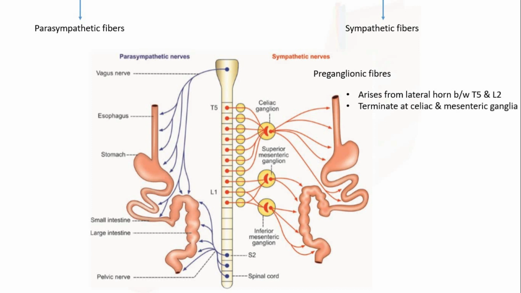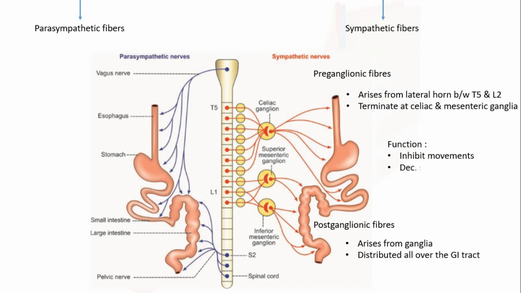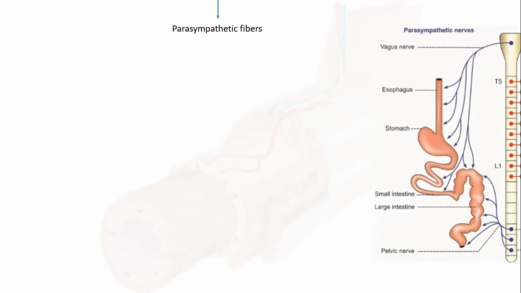They terminate at the celiac and mesenteric ganglia. Postganglionic fibers that arise from the ganglia are distributed throughout the gastrointestinal tract. The function of the sympathetic nervous system is to inhibit the movements, decrease the secretion and constrict sphincters.